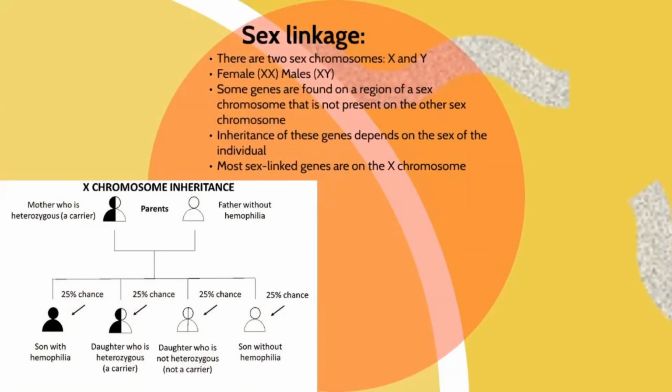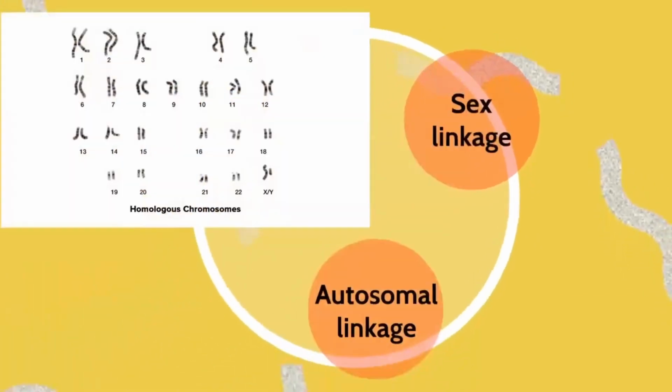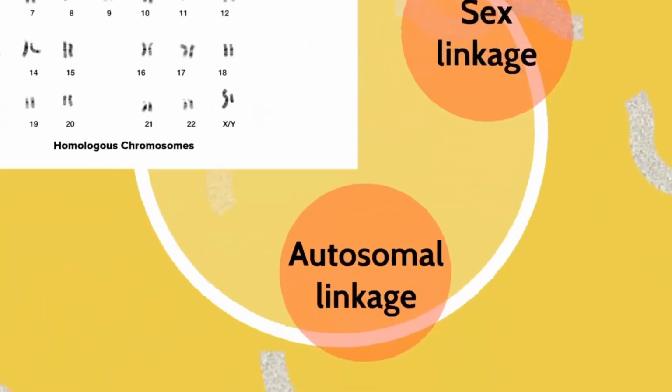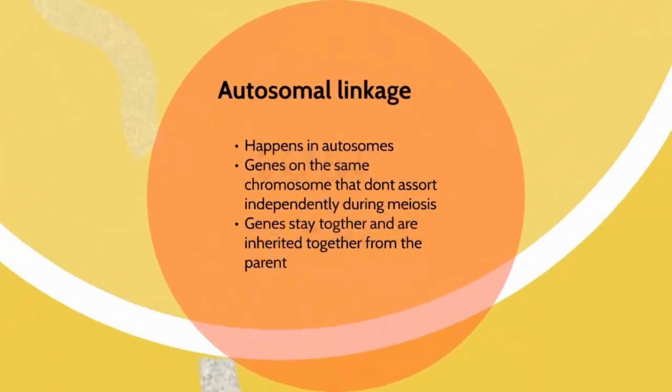So even though it's recessive, they don't need two copies of it because they don't have an extra copy on the Y chromosome. So the other thing we can talk about is autosomal linkage. And this happens in non-sex chromosomes. And this is where genes on the same chromosome that are very close to each other might not undergo crossing over, and they are likely to stay together during the assortment during meiosis.